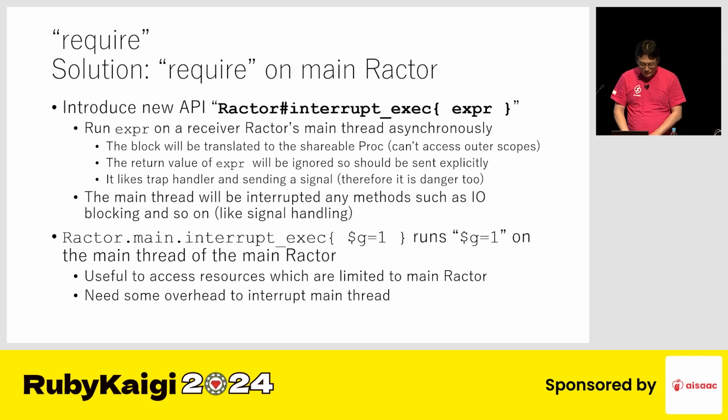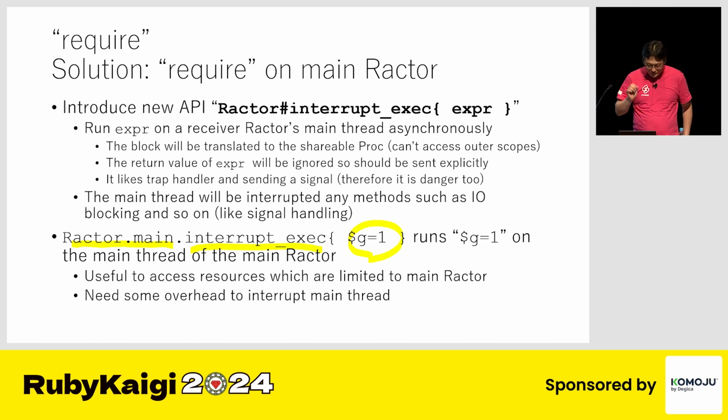For example, Ractor.main returns the main Ractor, and interrupt_exec with a block interrupts the main Ractor's main thread, and runs this assignment to a global variable on the main Ractor.